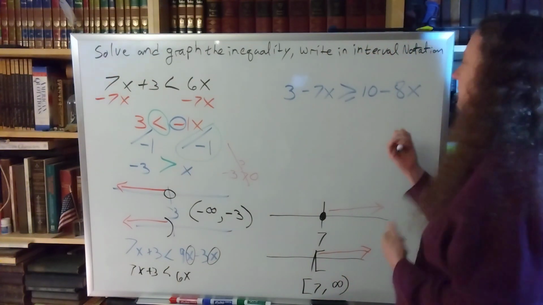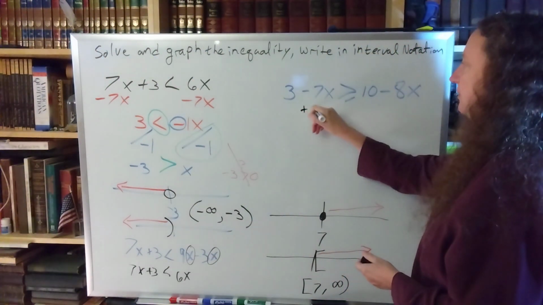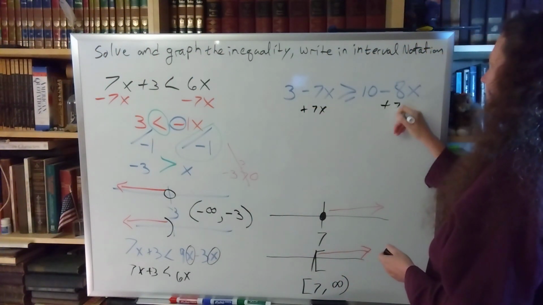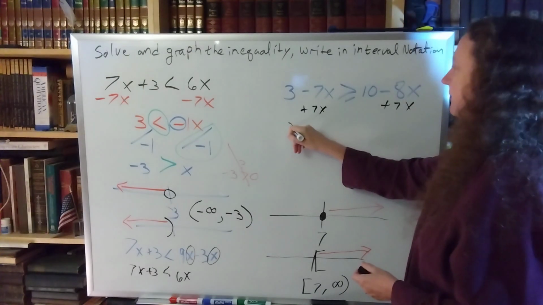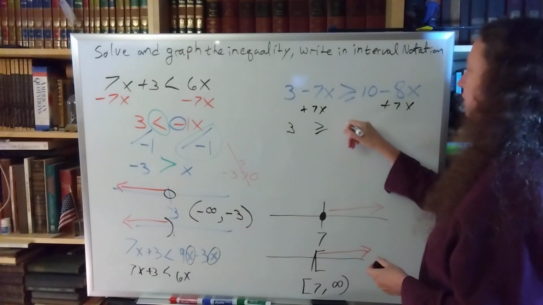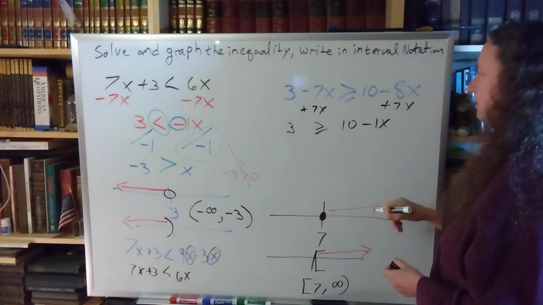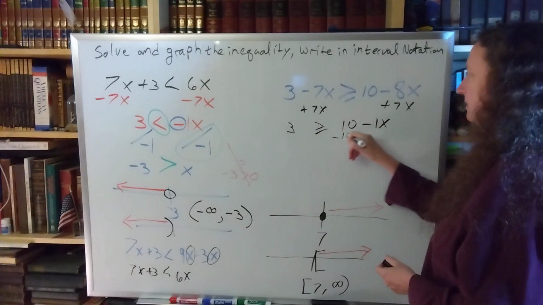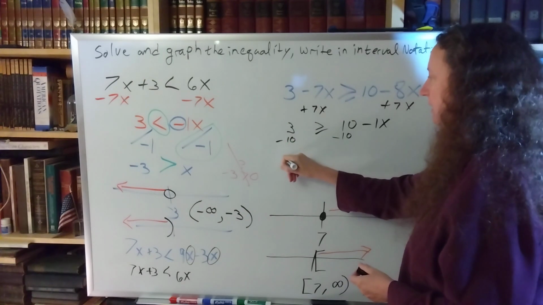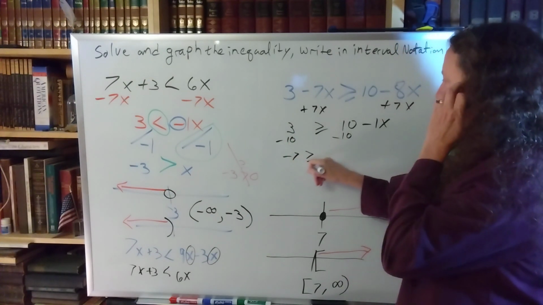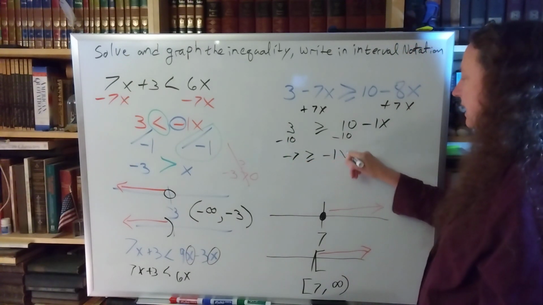Well, you don't have to do the positive coefficient. I could have said plus 7x here, and then I'd have 3 is greater than or equal to 10 minus 1x. Get rid of my 10. -7 is greater than or equal to -1x.